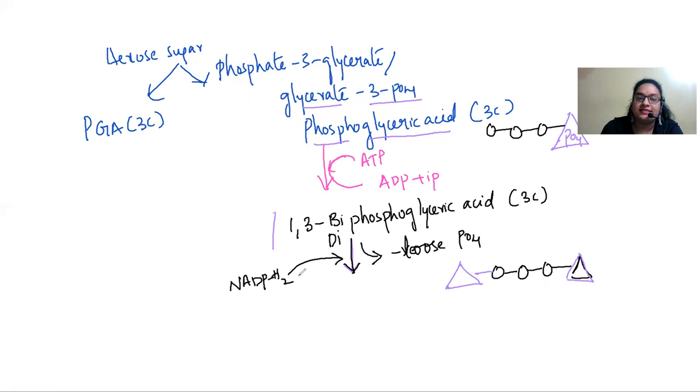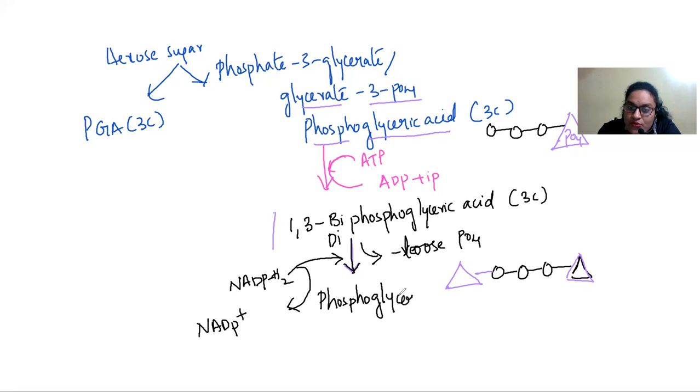Since it is going to add hydrogens here, the coenzyme is going to be oxidized to NADP plus, whereas the hydrogen atoms are taken up by the 1,3-BPGA. So now it is getting reduced into a form called phosphoglyceraldehyde. Okay, we can even call this glyceraldehyde 3-phosphate.